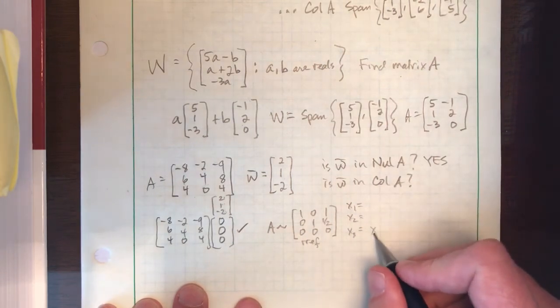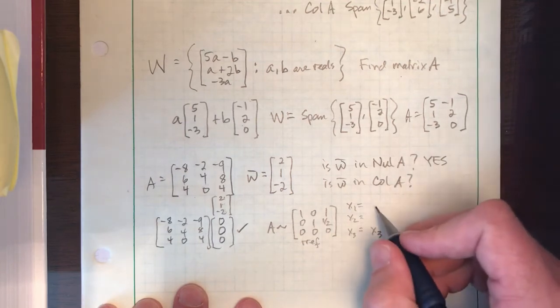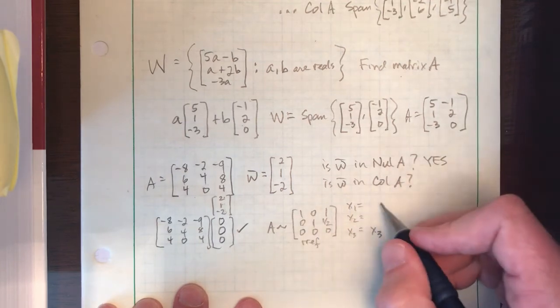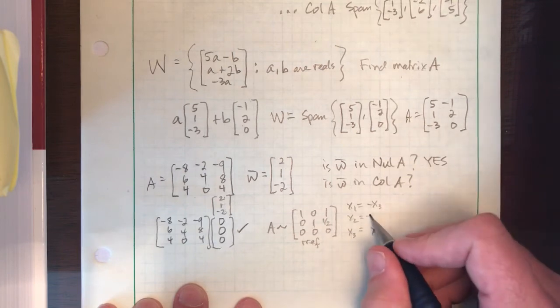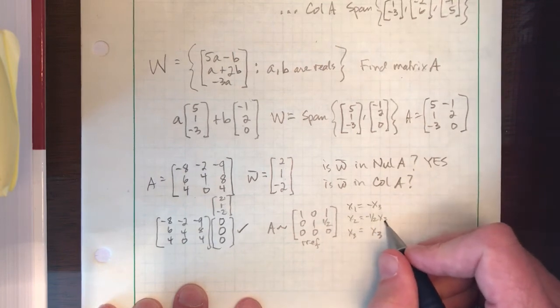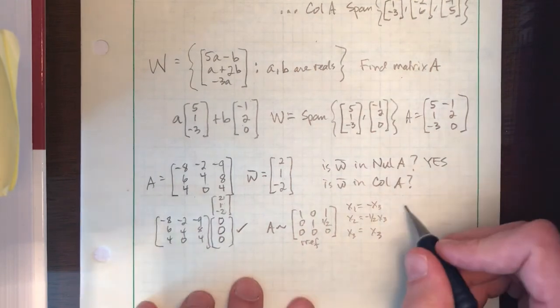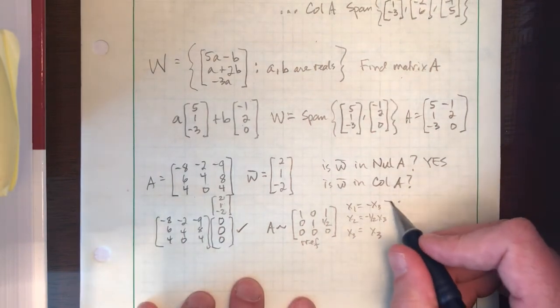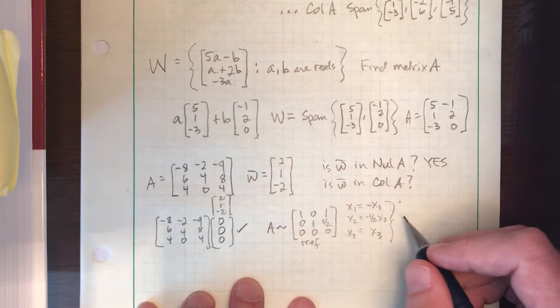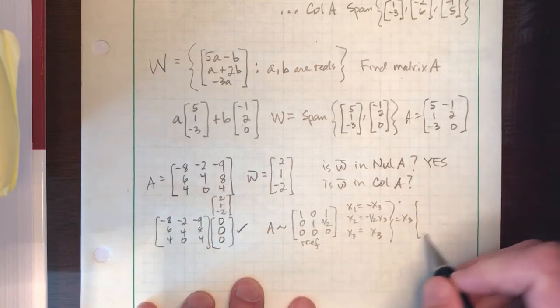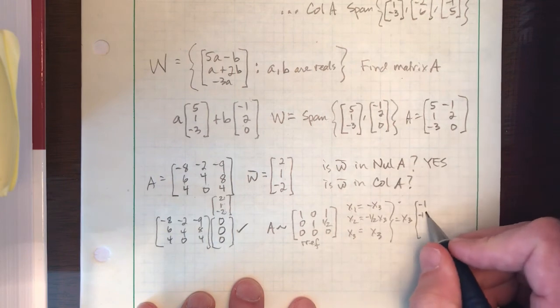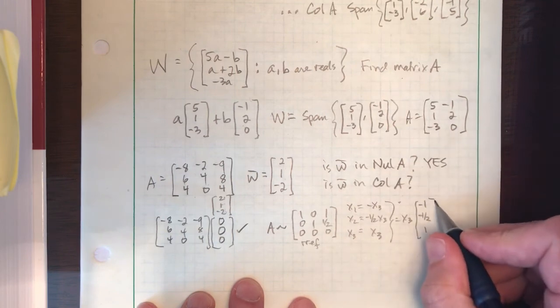I've got one free variable, x3, which makes x1 negative 1 x3, and x2 negative 1/2 x3. Unscaling that tells me we have any scaled version of (-1, -1/2, 1).